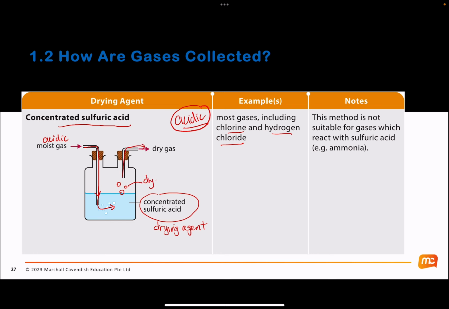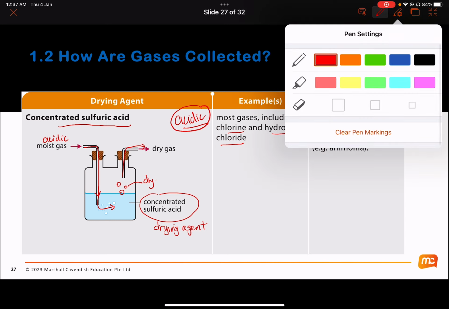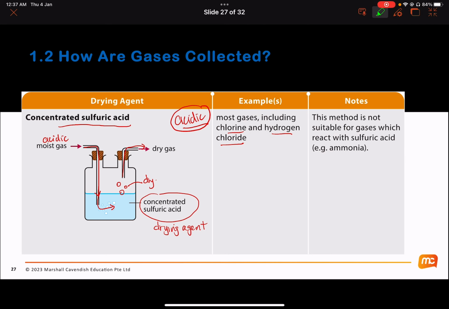Then you get your dry gas. It's as simple as that. But I want to draw your attention to two things. I don't know whether you notice that the delivery tube lengths are not the same.